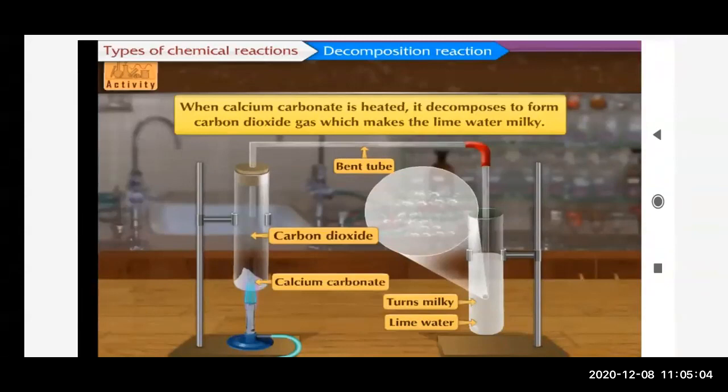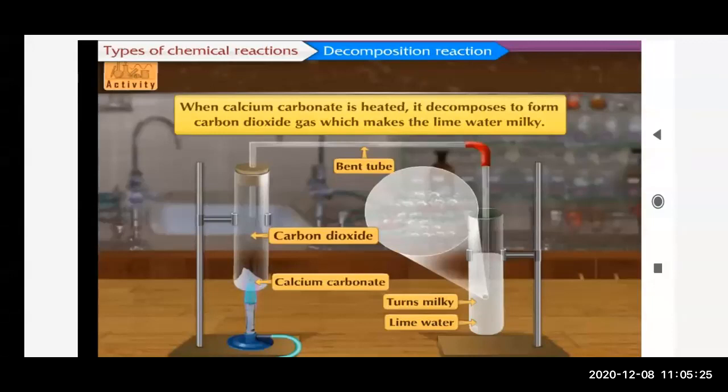After heating, the gas formed is passed through the bent tube and goes into the right hand side, and the lime water there turns into a milky solution, meaning white in color. So that is the second product of the reaction.